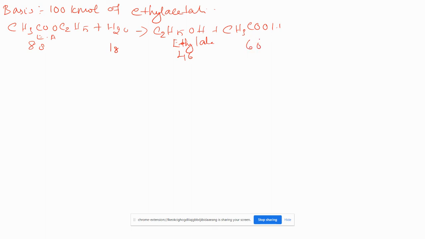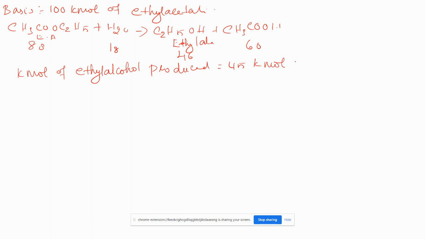Now they have given us the kilomoles of ethyl alcohol produced, which is equal to 45 kilomoles.